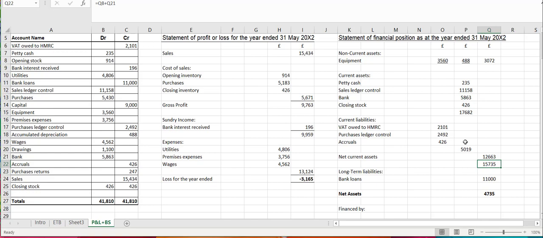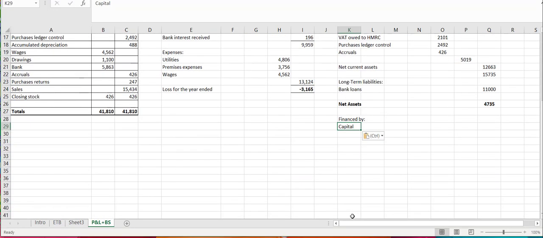That will give me 4735. And then I can move over to my financed by, which will have capital. So I pick up my capital figure. I will then pick up, in this case, my net loss and my drawings.